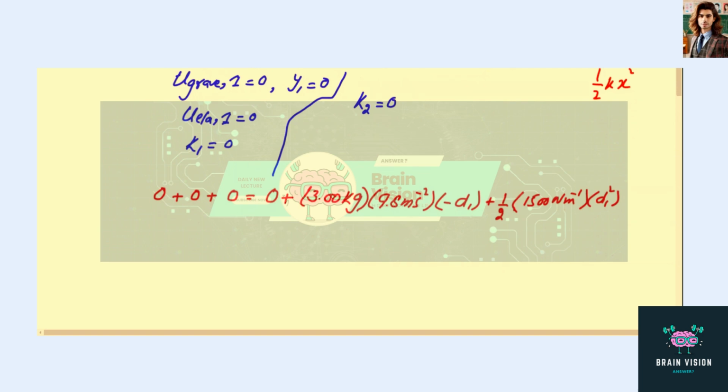By solving this equation, we will get the value of d1, that is d1 equal to 0.04 meter. So this is the distance that the spring will stretch.